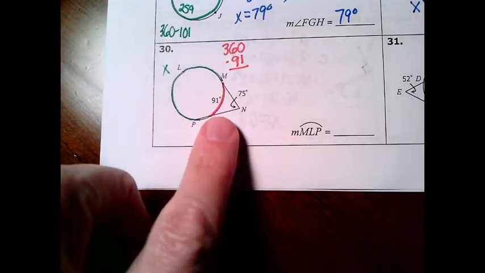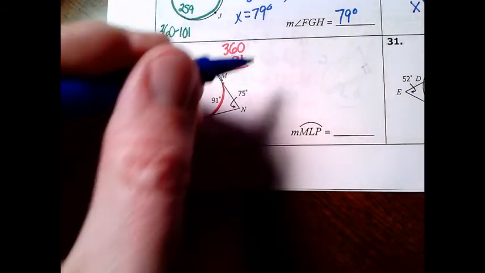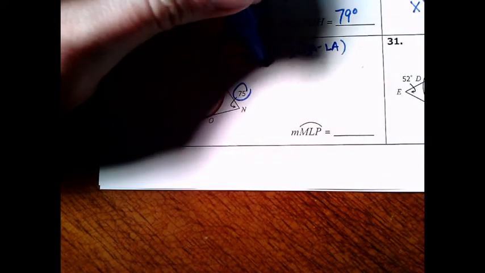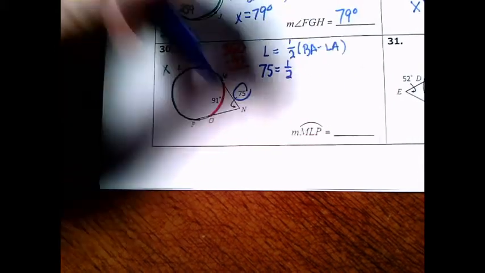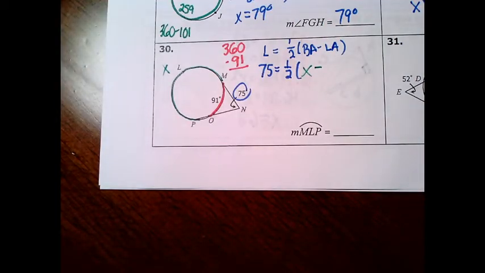So again, they do cross outside. So my formula is angle equals 1/2 big arc minus little arc. Okay. My angle is 75. I'll make that blue. My angle is 75 equals 1/2. My big arc is x minus my little arc, which is 91.